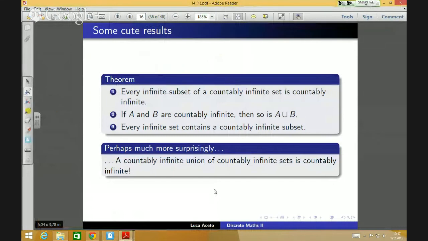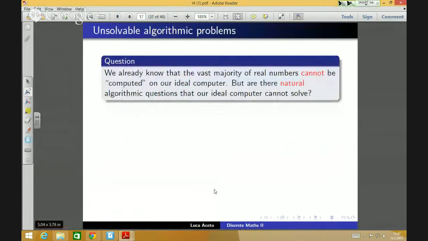Okay, fantastic. But now you may say, okay, we used all this mumbo-jumbo about cardinality of sets to show that there are lots of real numbers out there that cannot be computed by an ideal computer with an unbounded amount of memory. So what? I don't care, because I never wanted to write programs that spit out the decimal expansion of real numbers.